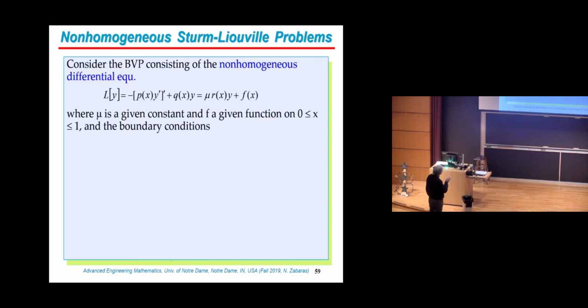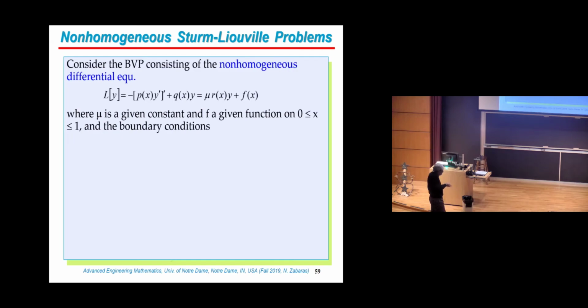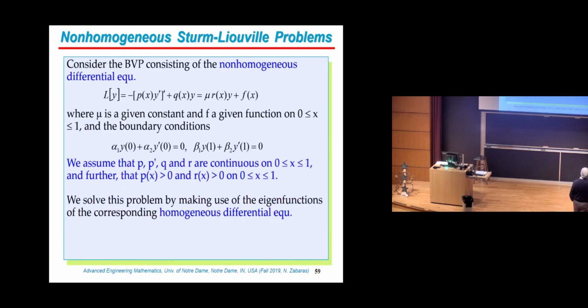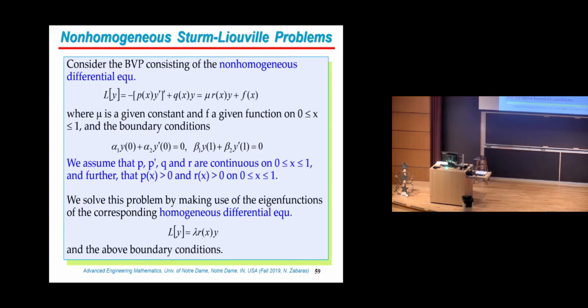Now, there is a mu there. There is no lambda. That mu can be a specific number, mu equal to 6. I have that mu there because the homogeneous problem on the right-hand side doesn't have mu times r times y, it has lambda times r times y, to remind you that the homogeneous problem has solutions only for particular lambdas, for the eigenvalues.